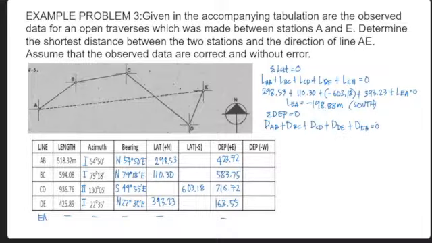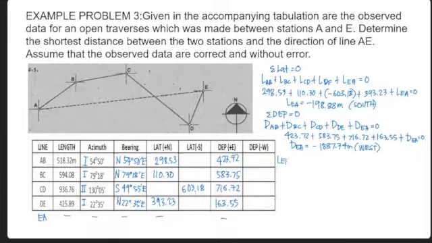So for 23.72 plus 583.75 plus 716.72 plus 163.55 plus departure EA is equal to 0. So negative yan. So departure EA is 1887.74, ba? So west.